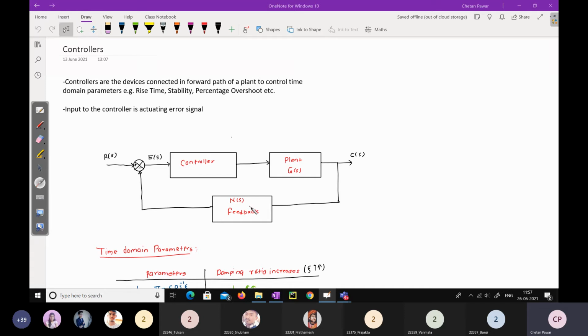Like a transistor, as you have studied in circuits: as the temperature varies, the transistor's operating point will vary according to the temperature or any other condition.